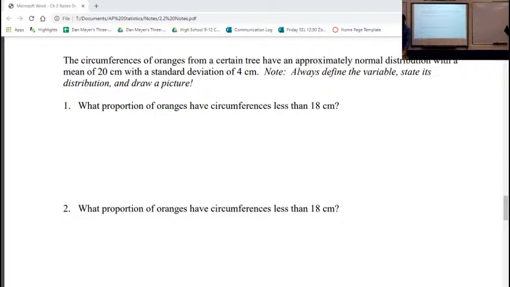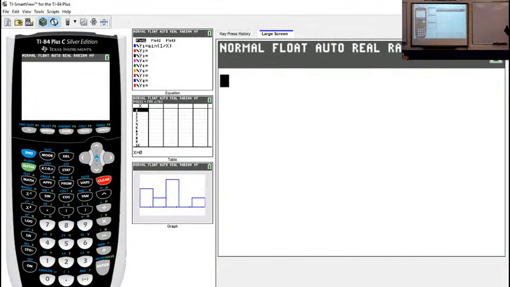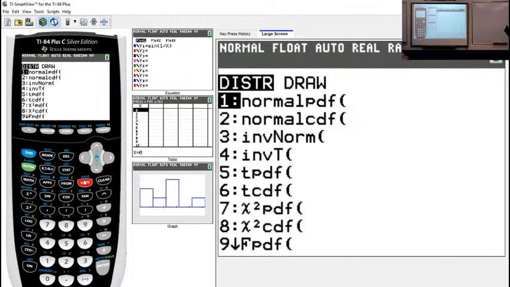On your calculator, the menu for this is called the distribution menu. In this case, we're looking at a normal distribution. The distribution menu is in second vars.